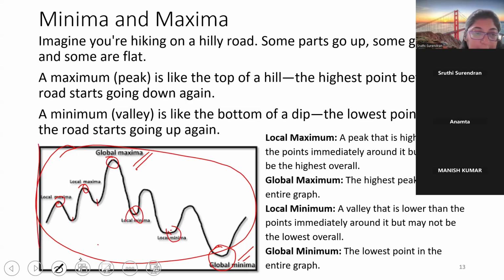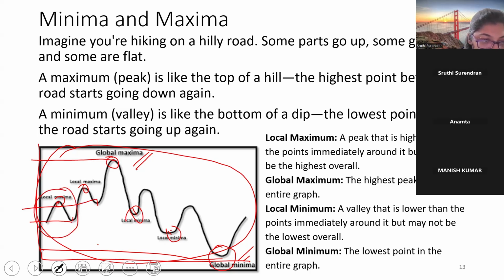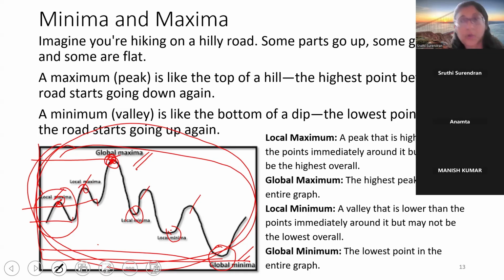So in a graph like this, this value is the lowest and this value is the highest. The remaining are all lower values, but if you only consider this region, this is a maxima. If you consider the whole region, this is the highest of all the maximas. This is what the terms global maxima, global minima, local maxima, and local minima mean.